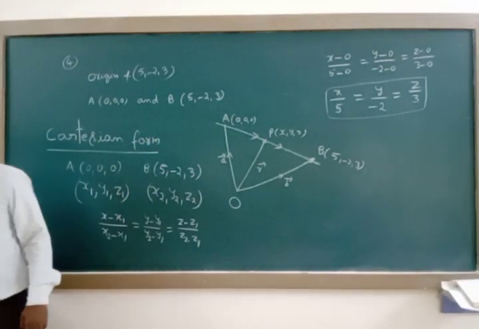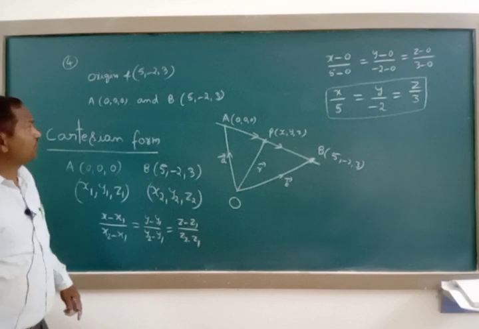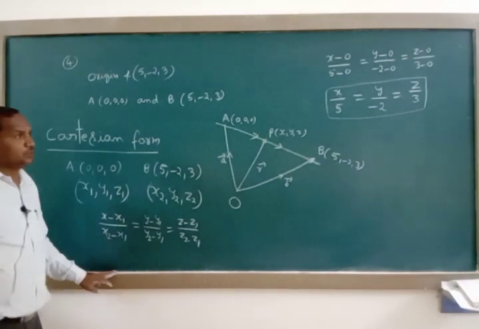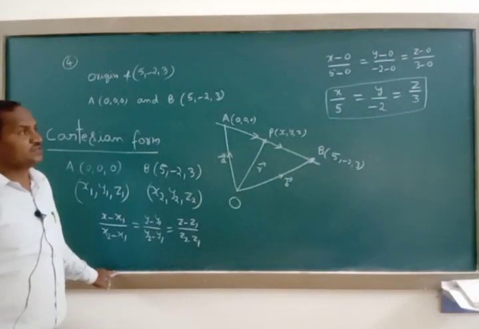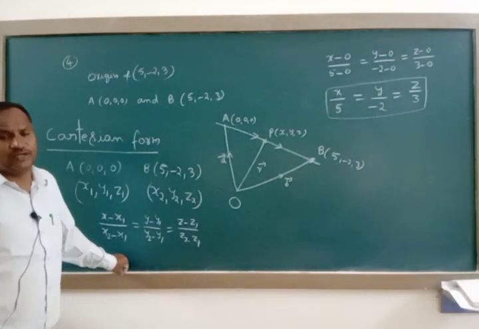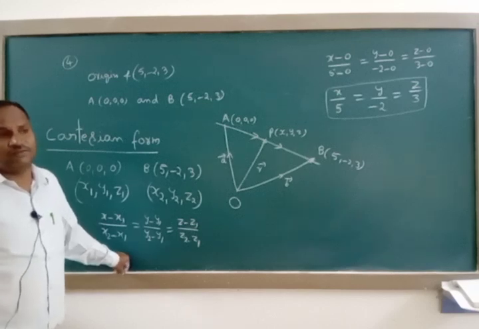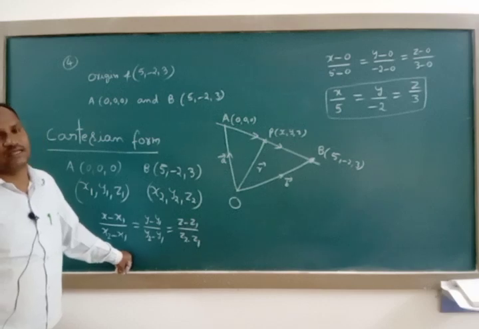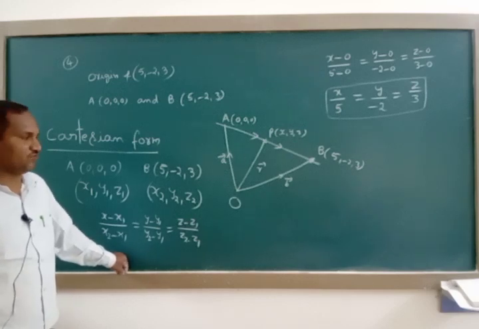Like that, we find the Cartesian form whenever a line must be passing through the given 2 points. And before that, we found the vector form of equation of straight line when it is passing through the position vectors of the given 2 points. Like that, we give the answer in Cartesian form and vector form.